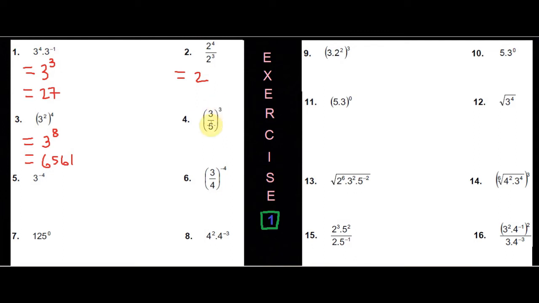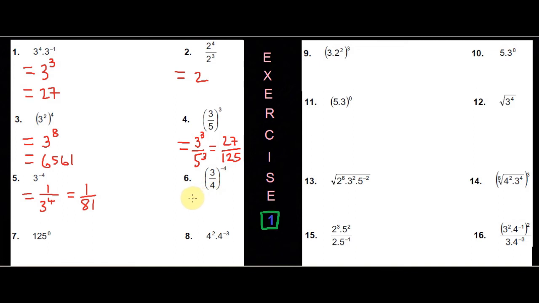Here we can apply the power to both the numerator and the denominator. So it's going to be 3 cubed over 5 cubed, which is 27 over 125. We can write this as 1 over 3 to the 4, which is 1 over 81.